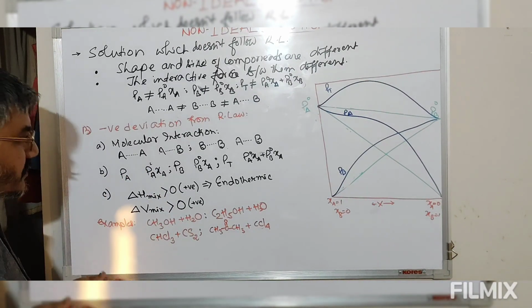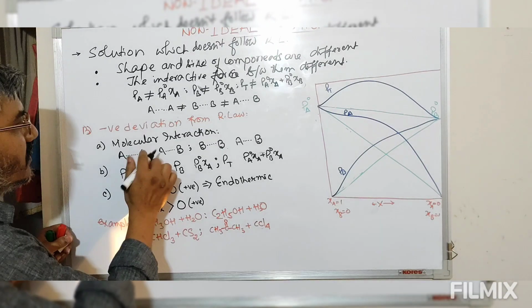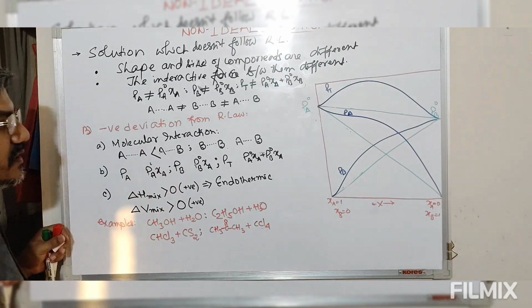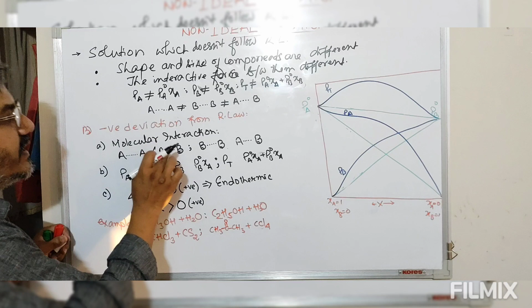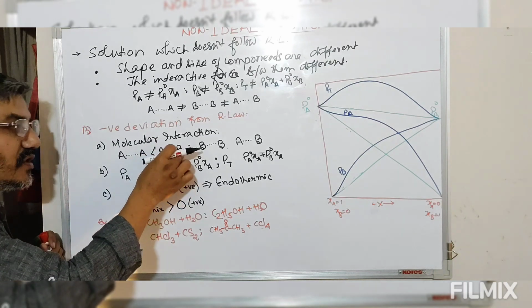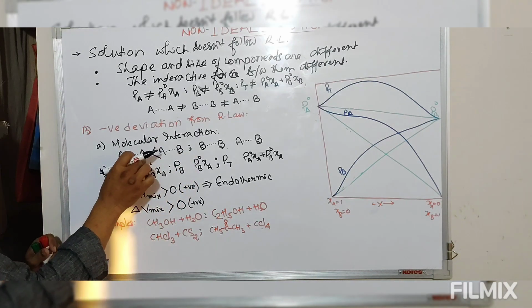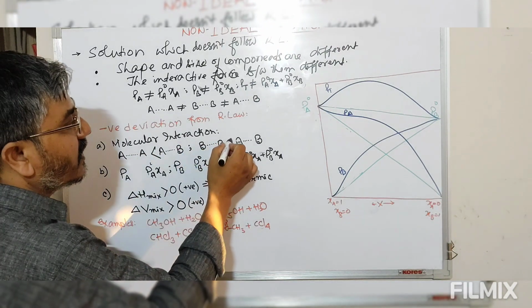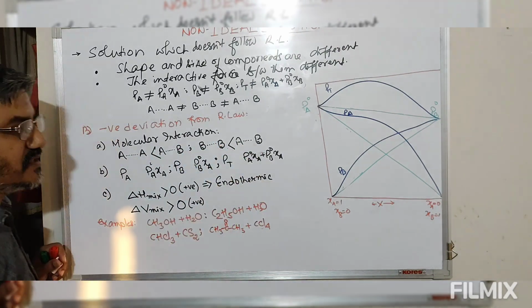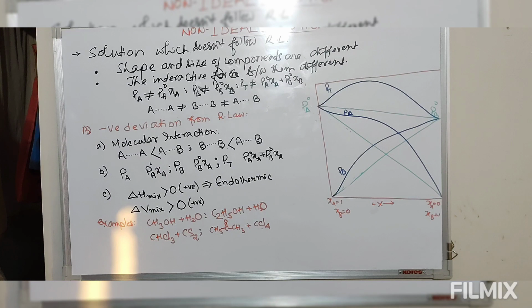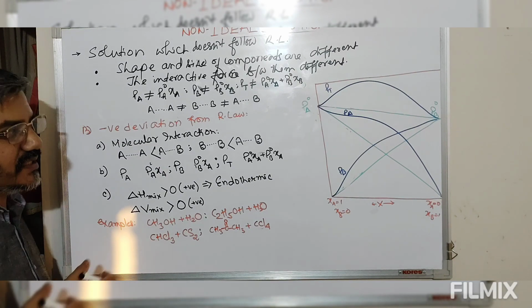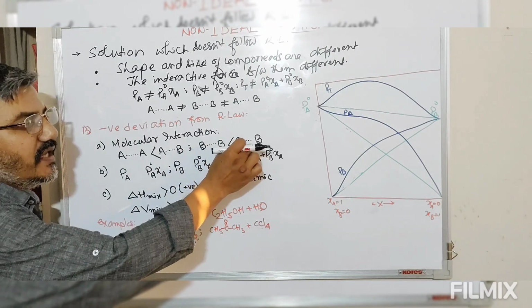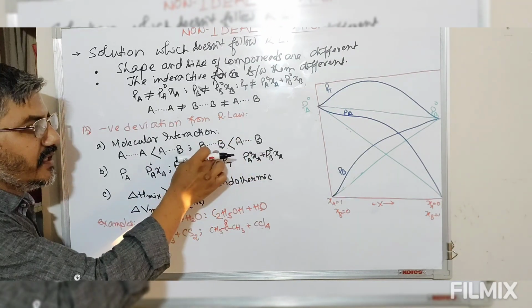now the interaction between A and A is weaker than the interaction between A and B, meaning A and B have a stronger attractive force compared to that of A and A. Similarly, the attractive force between A and B is much stronger than the attractive force between B and B. So the attractive force between A and B is stronger than AA or BB.